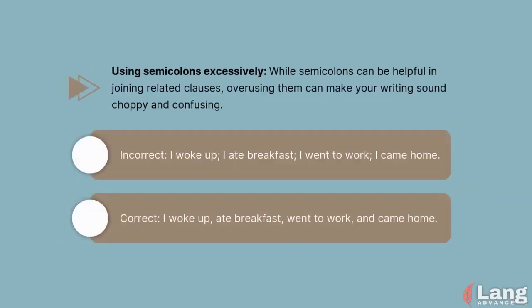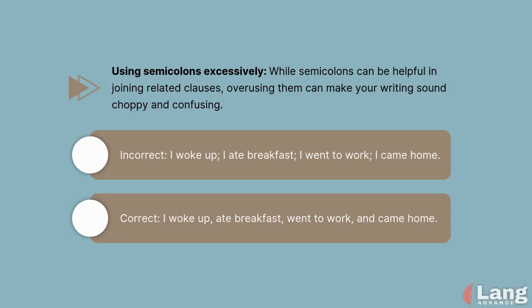Using semicolons excessively. While semicolons can be helpful in joining related clauses, overusing them can make your writing sound choppy and confusing. Incorrect: I woke up; I ate breakfast; I went to work; I came home.